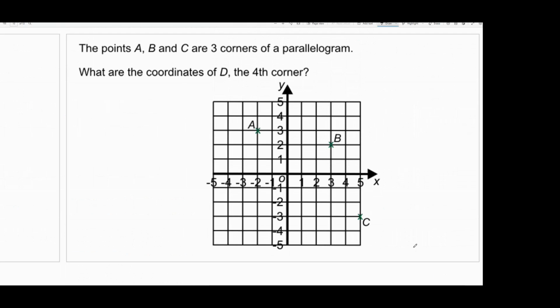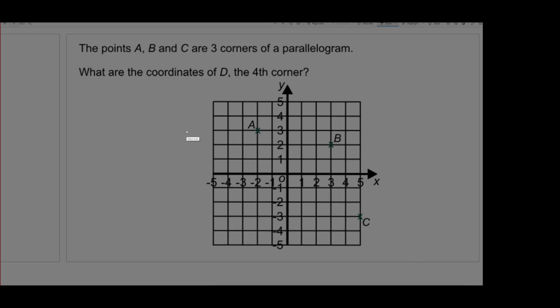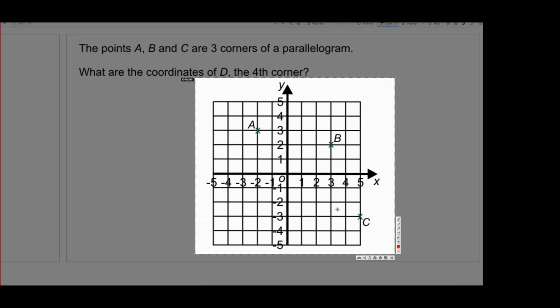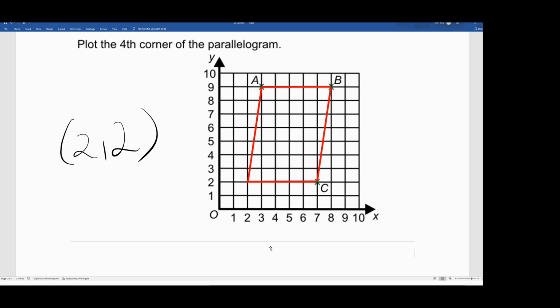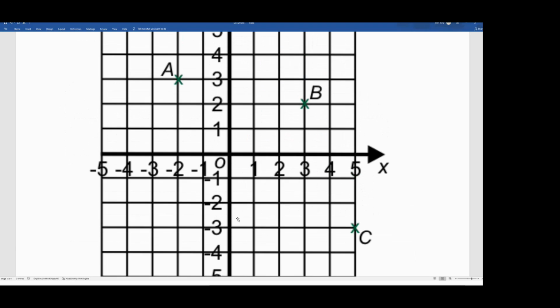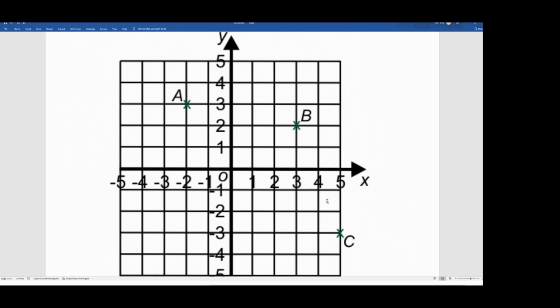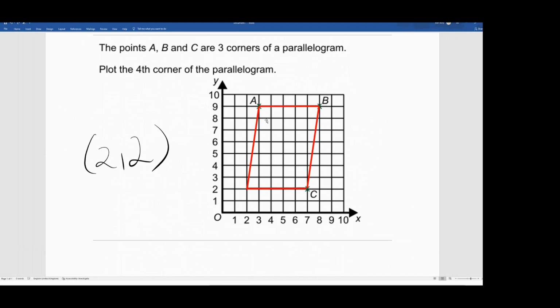So it's the same sort of thing. We've got three corners of a parallelogram. What are the coordinates of D? Let's do the same thing here. I just get one of my lines.